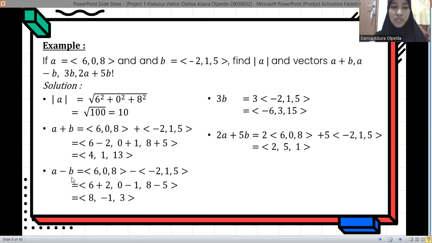A minus B, we have the result 8, minus 1, and 3. Then 3 times B is equal to minus 6, 3, 15. And 2 times A plus 5 times B is equal to 2, 5, and 1.